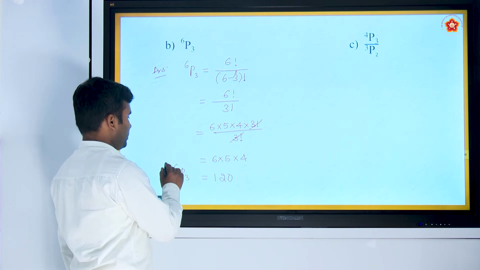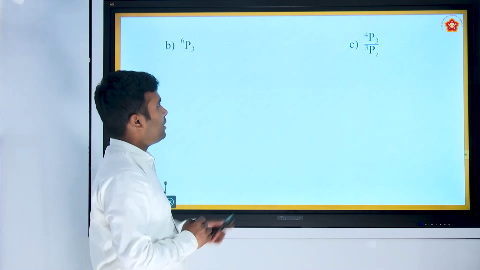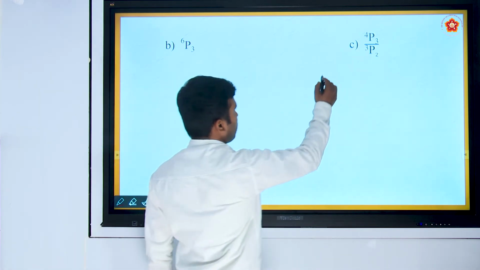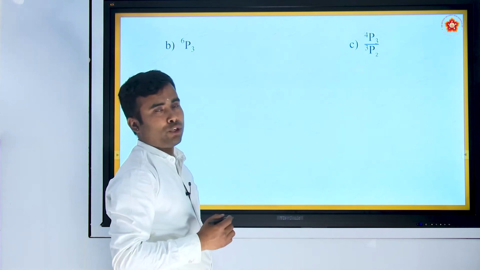So 6P3 is equal to 120. Next, let's see another problem: 4P3 divided by 3P2.